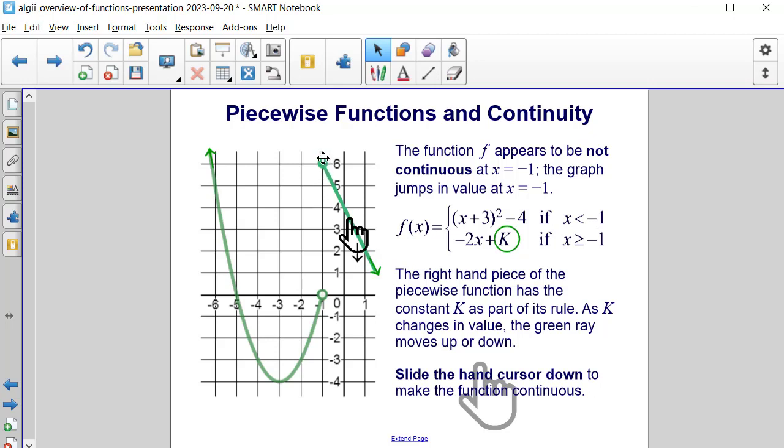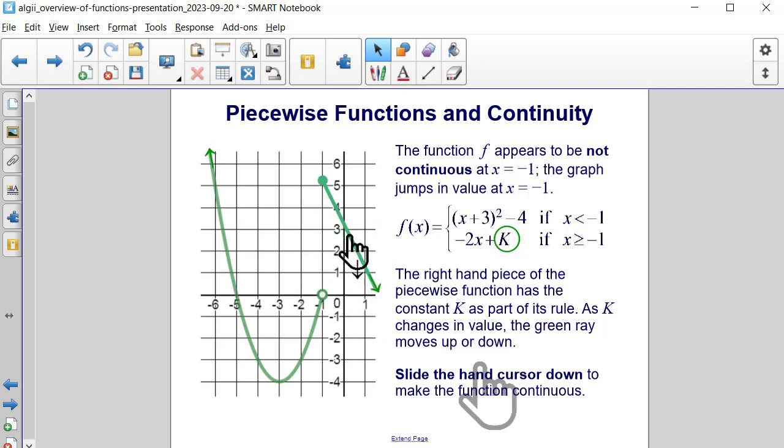The function is then equal to -2x plus k if x is greater than or equal to -1. So the right-hand piece of this function has this constant k as a part of the rule. And that means as k changes in value, the green ray will move up or down.